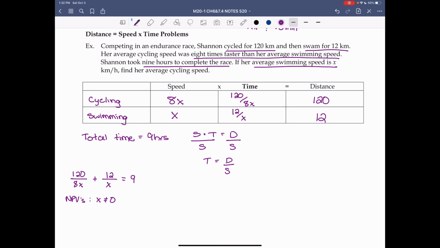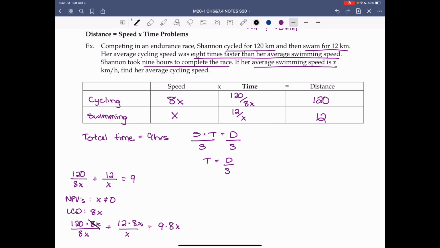Our lowest common denominator would be 8x. We want to multiply our equation by 8x. We get 120 times 8x over 8x plus 12 times 8x over x equals 9 times 8x.